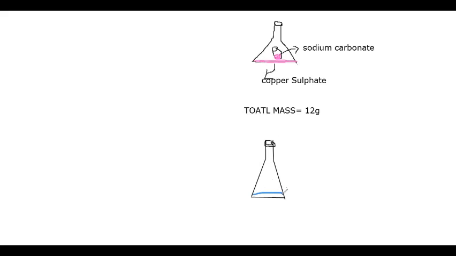So that is the bluish color over there. How did that happen? Just imagine that this is the final product, and your tube is just empty because we mixed it. So the total mass is equal to 12 grams.